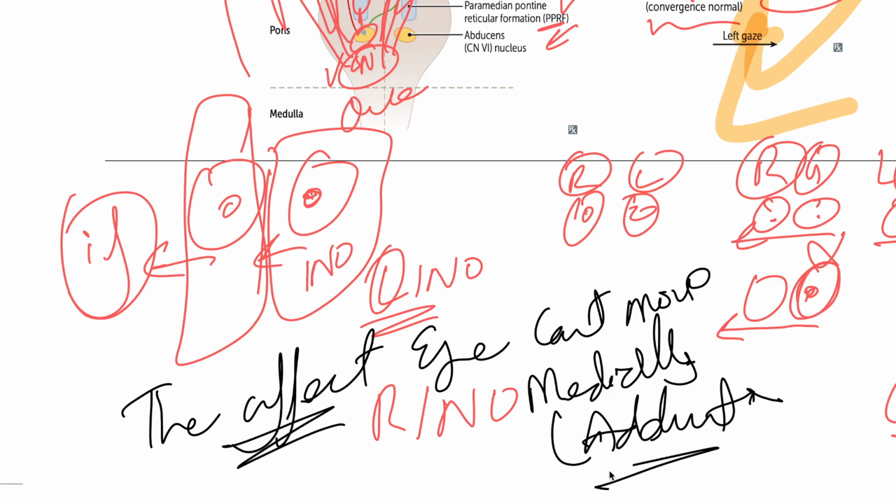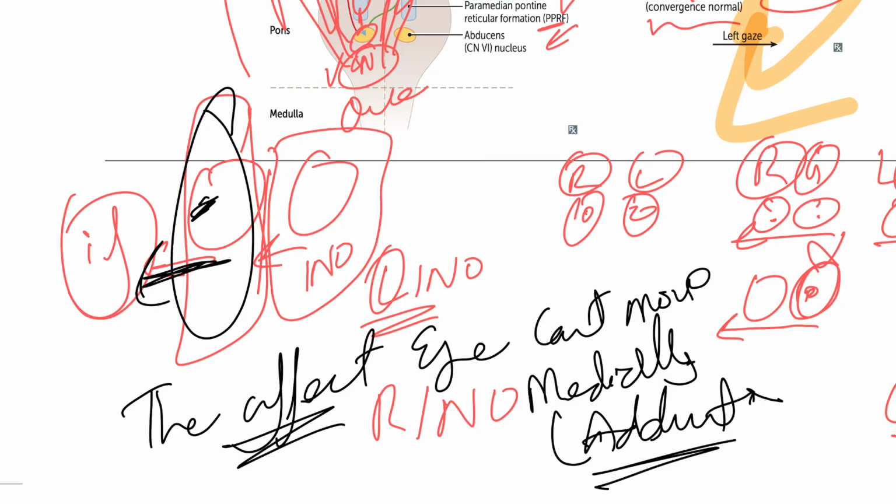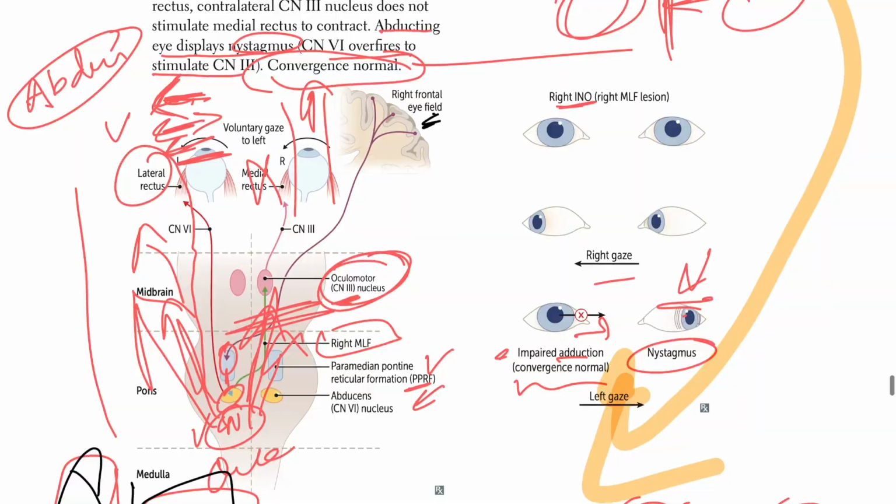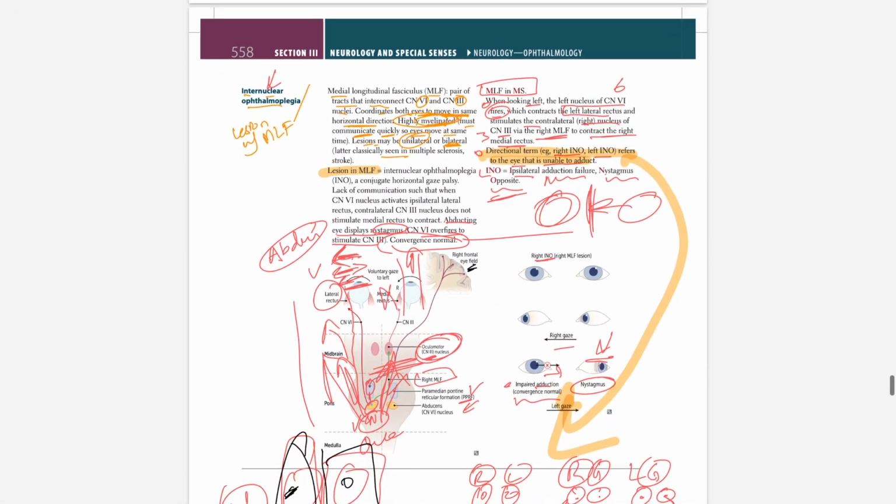So the affected eye can't move medially. Here, classic scenario: this guy is looking left, great, but this eye can't move medially. So this is the problem. This is the MLF, meaning this is the problematic eye. This has the MLF lesion, or INO, which is internuclear ophthalmoplegia. I hope it makes sense. Let's just recall this quickly and move on to the next.